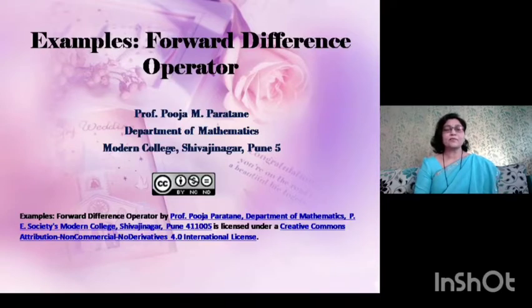Related to equidistant values, the increment h, generation of a set of points, and the first operator, the forward difference operator, its definition, and how to construct the table for forward difference. Also, we have seen the orders of forward difference operators.